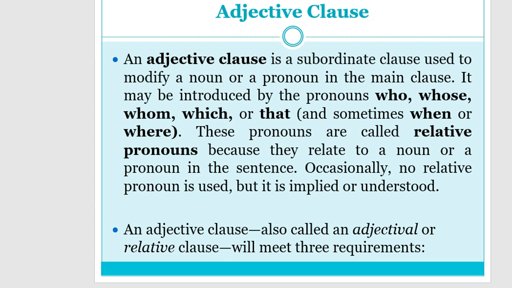So if you read adjective clause or relative clause, don't feel it's a strange or new idea. It's the same idea from a different point of view. All of them are the same, and that's how we can understand the grammar more closely.